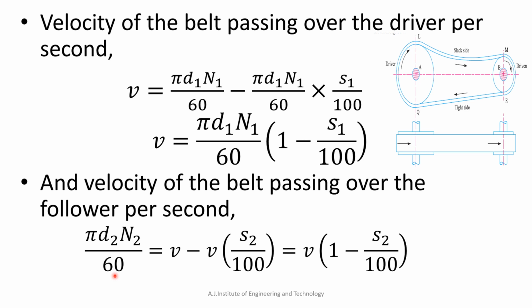After considering losses, the actual velocity is V minus the losses that happen while transferring from the belt to this pulley, that is S2 percentage. So V into S2 divided by 100. Taking V common, the remaining thing is 1 minus S2 divided by 100.